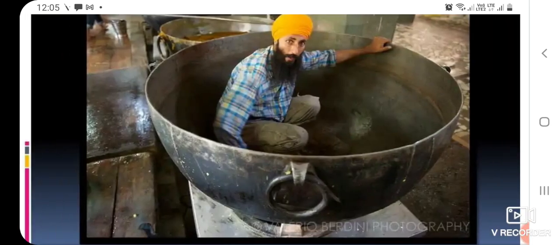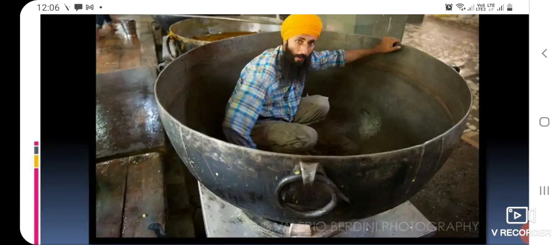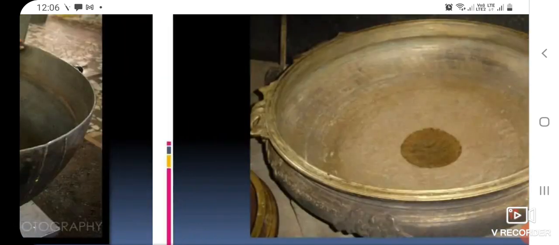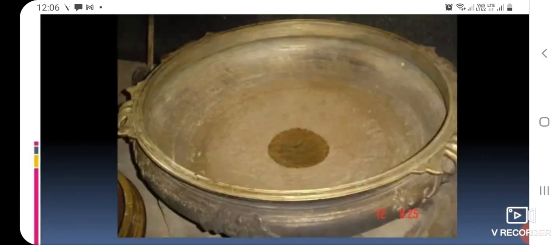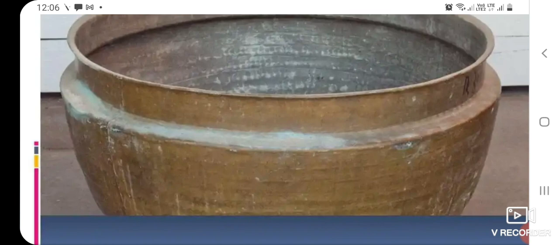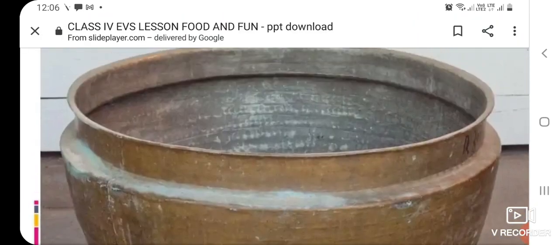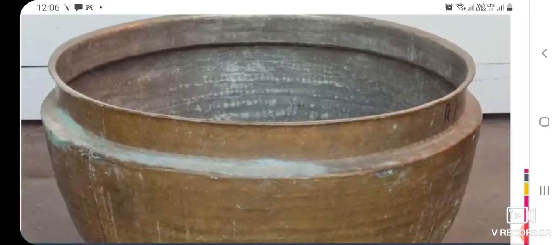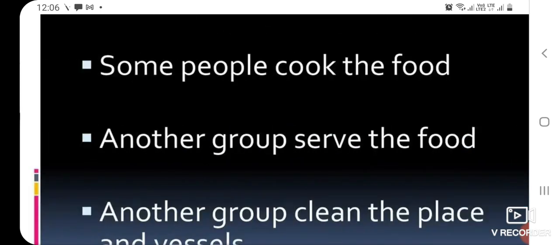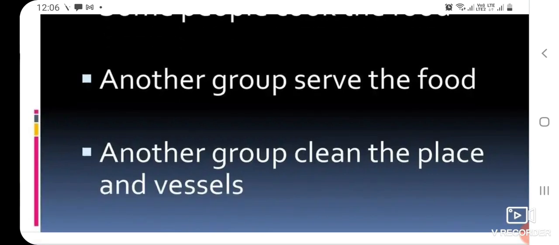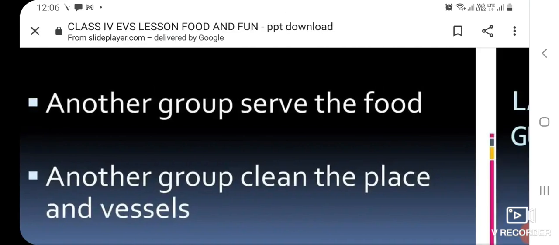See how big it is where the Kadha Prasad is being made. These are all the utensils which are being used while preparing the food in Gurudwara. Some people cook the food, other groups serve the food, another group clean the place and vessels.